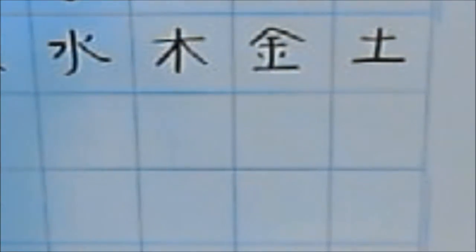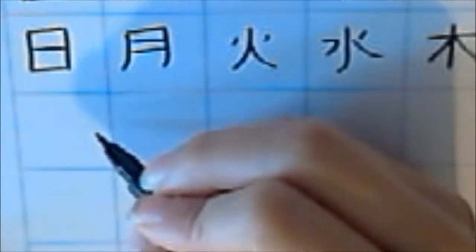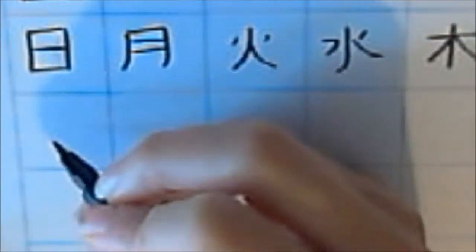So then we go back to Nichi and Getsu, which are also used for the day and the month.